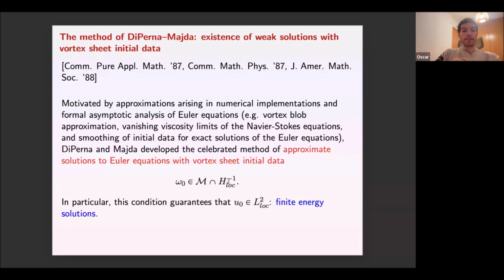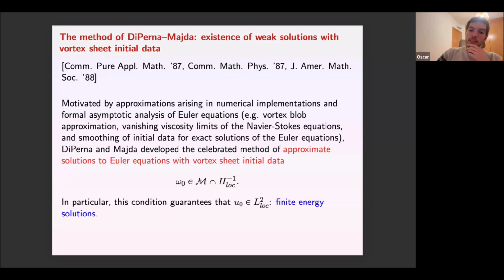This condition is rather natural because it can be interpreted in terms of the velocity, saying that the velocity belongs to L2. This means that we are dealing with finite energy solutions. Or in other words, we need a certain decay of the solutions at infinity, because we are working with the full plane. We need that these solutions decay when you are far away from the origin. So this is the so-called vortex sheet problem.